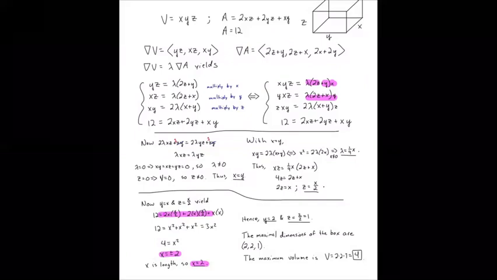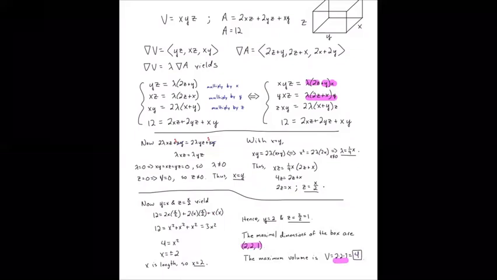And then, since y equals x, y is 2. And then z is 2 over 2, in other words, 1/2 times x, and x is 2, so that leaves us with z equals 1. So our point 2, 2, 1, that's the optimal dimensions of the box, x, y, z. X equals 2, y equals 2, z equals 1. The maximum volume, which we're asked for, is x times y times z, and we get 4.